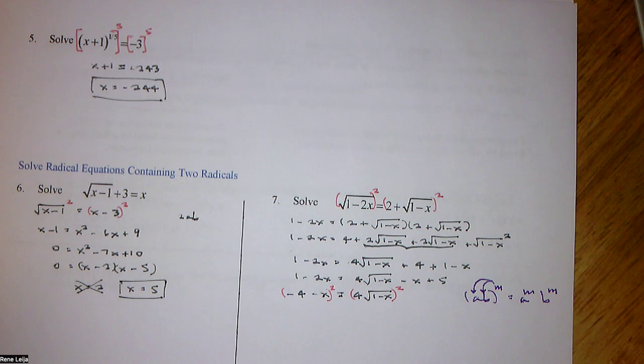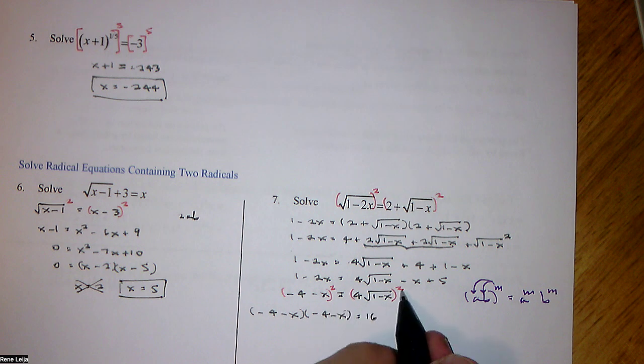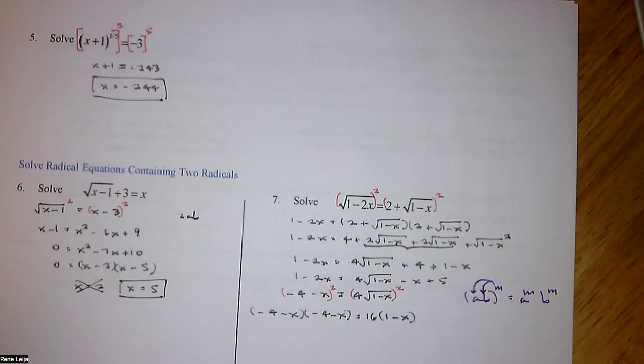Okay, so once again, I have the square of a binomial. I'm not going to do any shortcuts. I'm going to expand it. Okay, now 4 squared is 16. And the square of this square root is just going to give you 1 minus x. So you're going to have to distribute that.